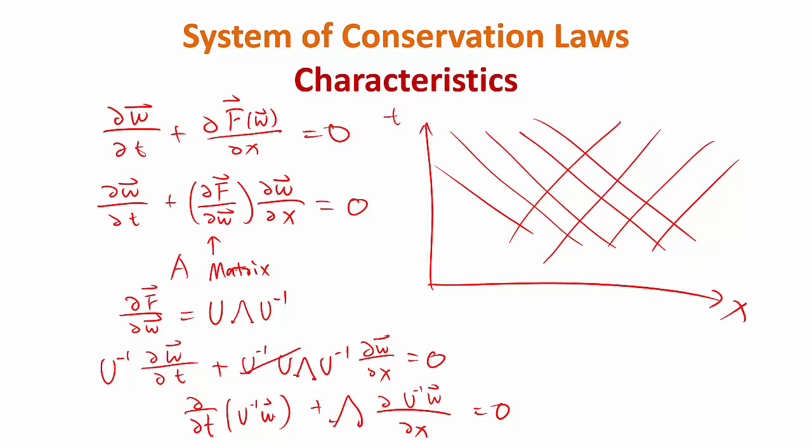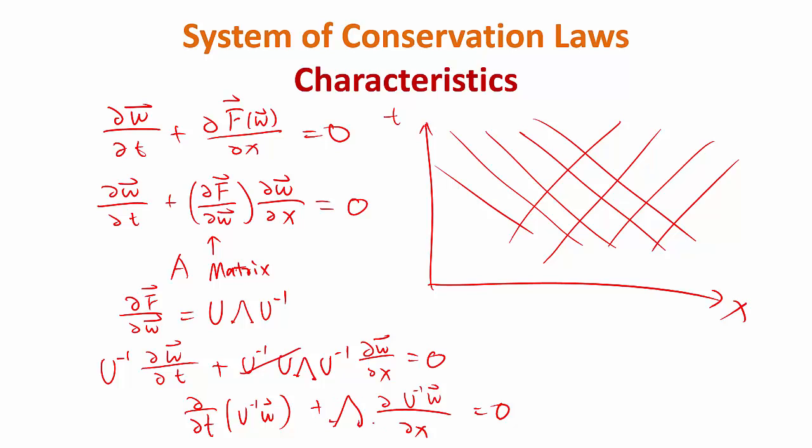These variables are no longer the original W, they are U inverse times W. So if you take linear combinations of these variables in a particular way, then these linear combinations follow individual conservation laws without interacting with the other linear combinations.